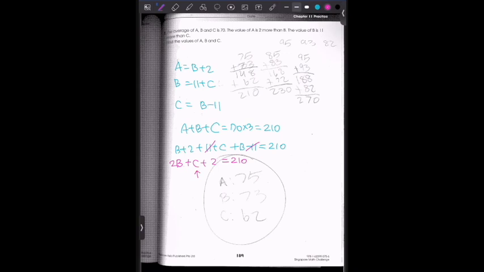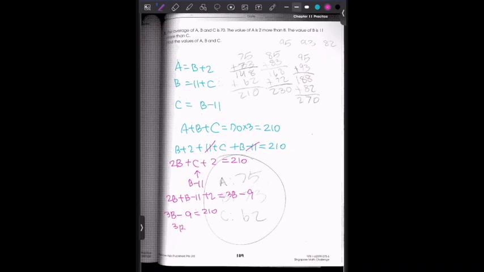And then we can write c as b minus 11. And so that is going to be 2b plus b minus 11 plus 2. So we can write that as 3b minus 9. And so 3b minus 9 is equal to 210.